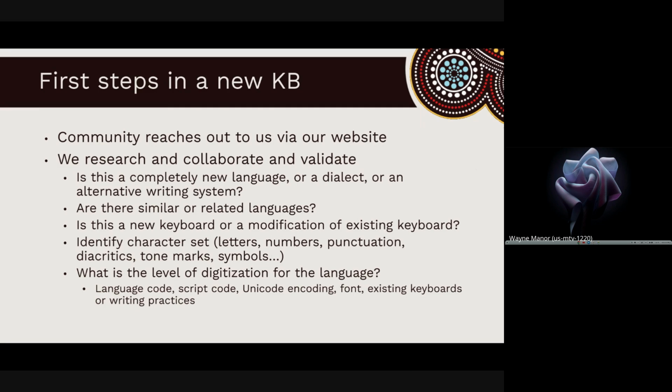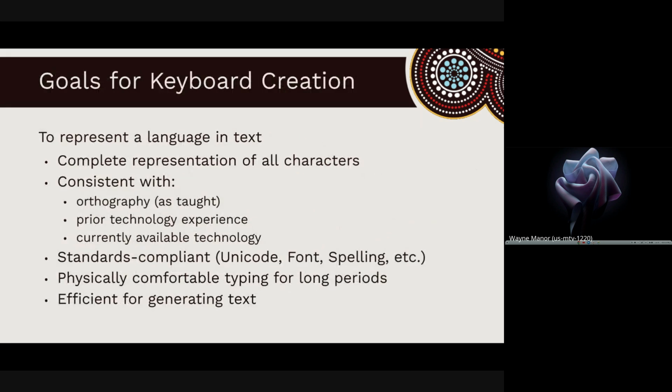Create a font, bring a proposal to Unicode, and so forth, right? These are all the basics of language digitization. We can also attempt to create a keyboard, even though it's not yet standardized, to have a prototype or a way to work within the language. And that's a whole different ball of wax, but maybe if you have questions about that at the end.